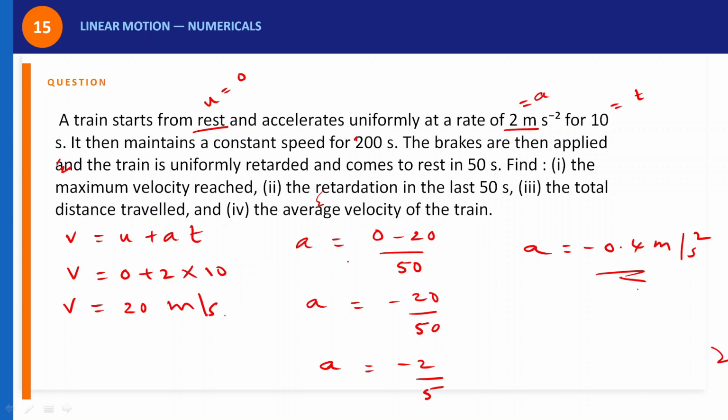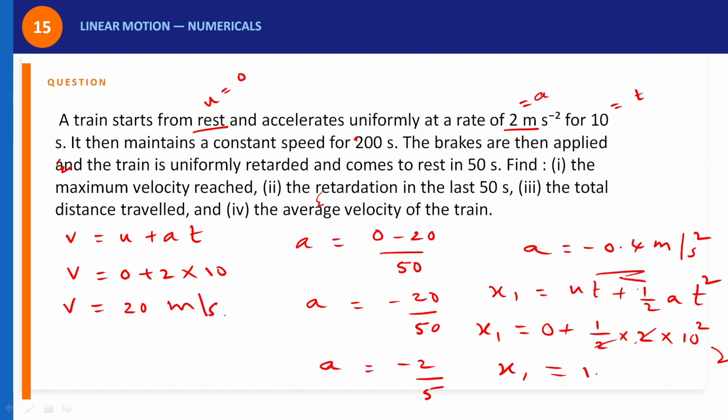First, I would like to find x1. x1 equal to the kinematic second equation, ut plus half at square. So x1 equal to initial velocity 0 plus 1 by 2, acceleration 2, and the time period is 10 seconds. 2 gets cancelled, 10 square. I mean x1 equal to 100 meters.